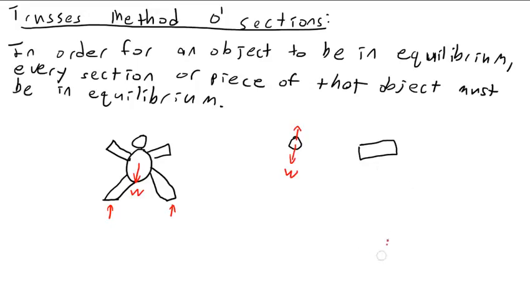The weight vector for their arm would pass through the center of mass of their arm, and then there would be a corresponding material force, or not really normal force, more like a tension or something like that. You could get really detailed, even break it down muscle by muscle. And we could go deeper and deeper. We could do it finger by finger. We could do it capillary by capillary. It doesn't matter how small I divide this person's body up. I could still draw a free body diagram of this person. I promise I'm not a serial killer.